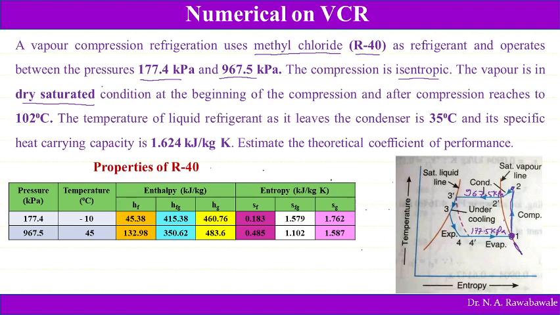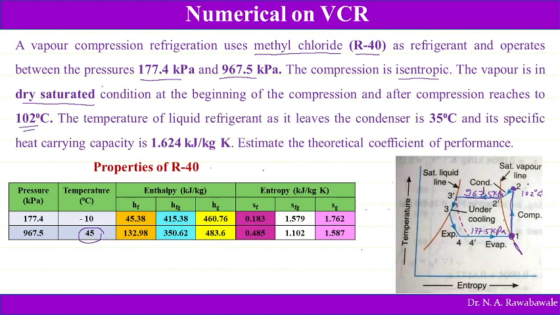Now after compression it reaches 102 degrees Celsius. So the temperature of the refrigerant at point 2 is 102 degrees Celsius. The temperature of the liquid refrigerant as it leaves the condenser is 35 degrees Celsius. The saturation temperature at 967.5 kilopascal, which is given, is 45 degrees Celsius.